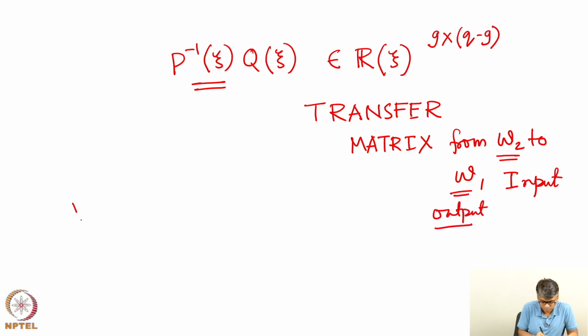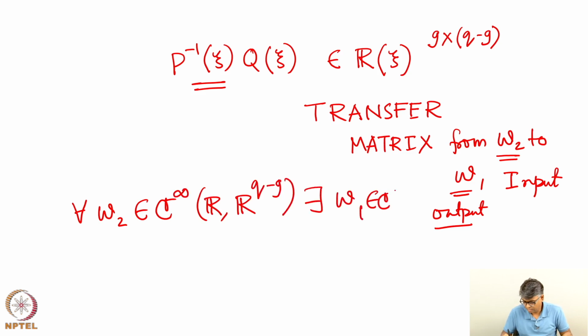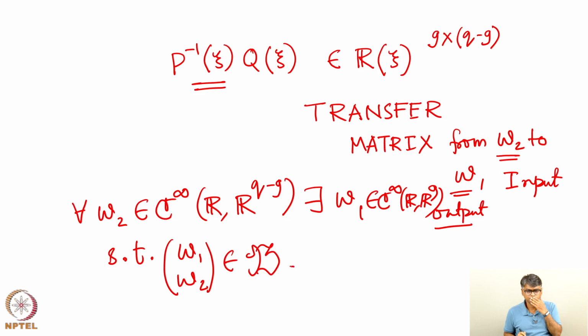Because for every w2 in C infinity of R to the q minus g, there exists a w1 in C infinity of R to the g such that together w1, w2 is a trajectory in the behavior. So because for every w2 there is a w1, that means w2 can be viewed as an input. Is w1 unique?